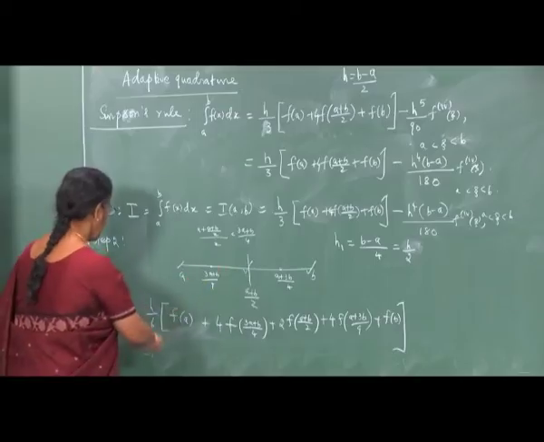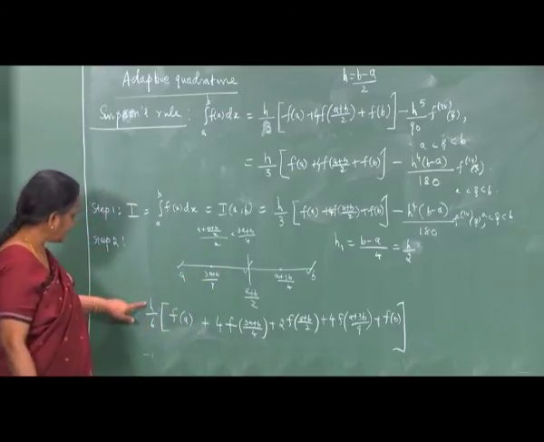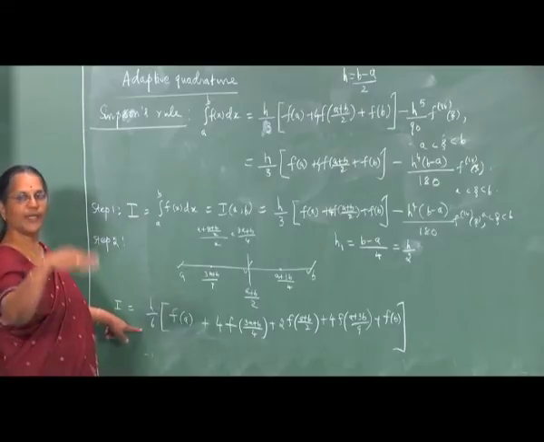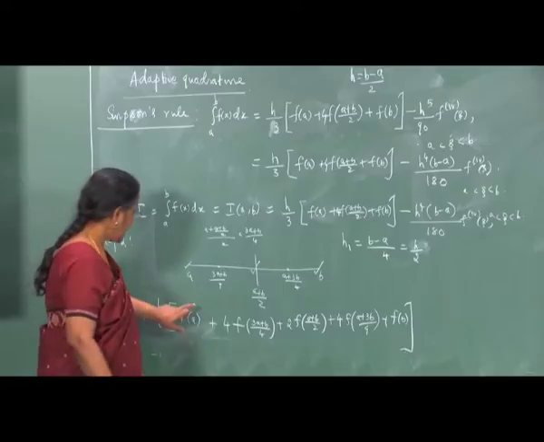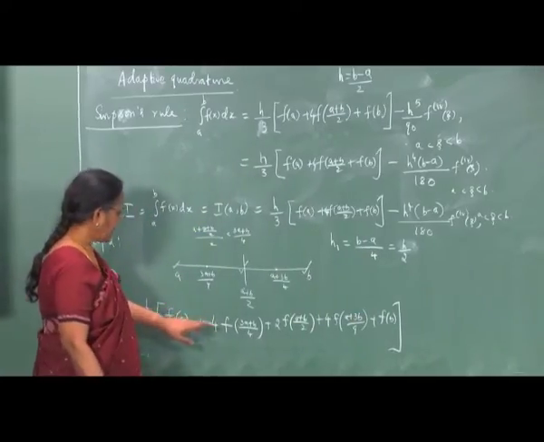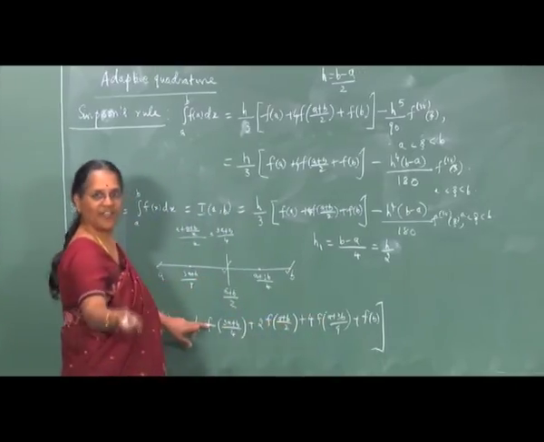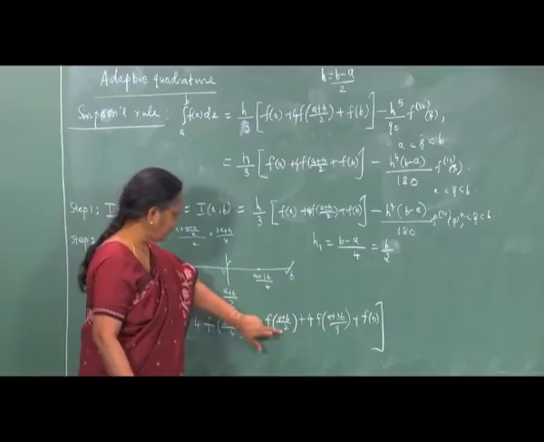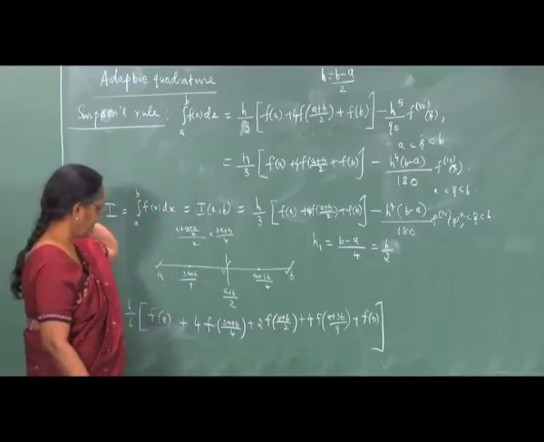So, you get h by 6. I would have written this as h1 by 3, but h1 is h by 2. So, it is h by 6 into the sum of the end ordinates f of a plus f of b, plus 4 times the intermediate ordinates which are odd suffixed, and 2 times the value of the function at the even suffixed ordinate.